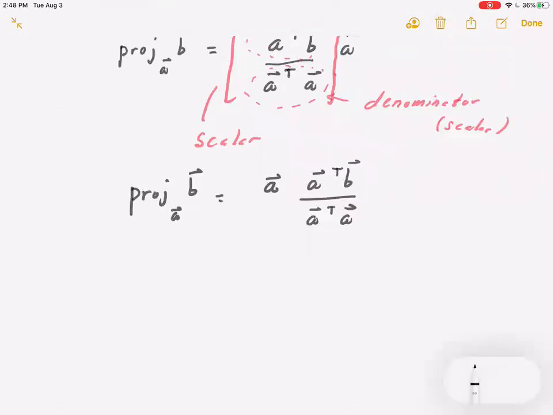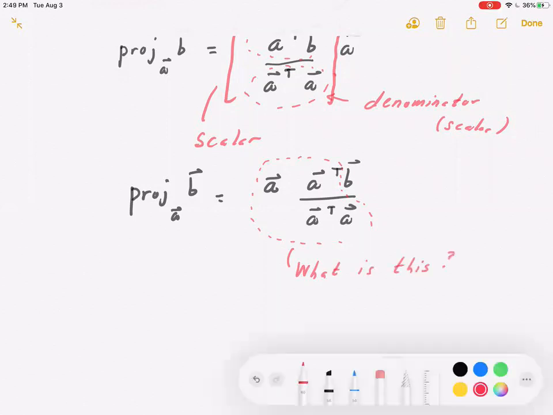This creature here is different. The numerator has A times A transpose. The denominator is different. I have A transpose times A. So what is this thing? Enclosed by the dotted red line.